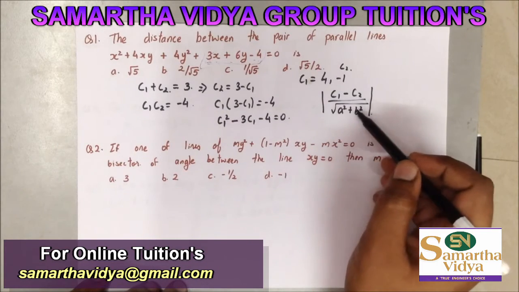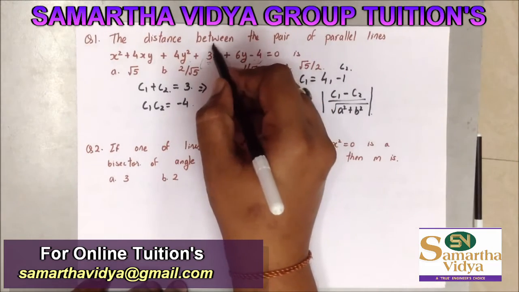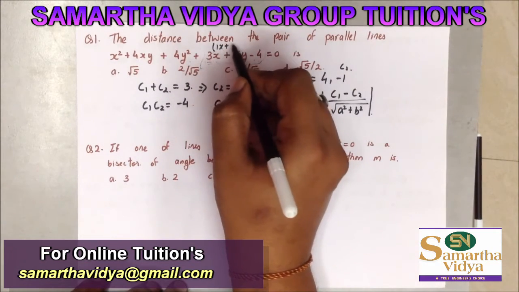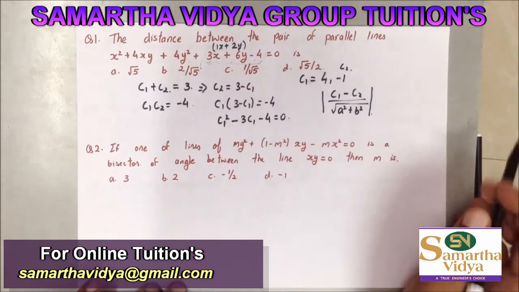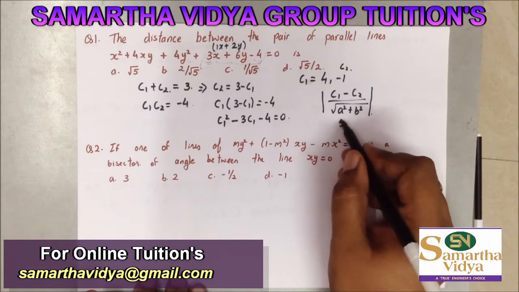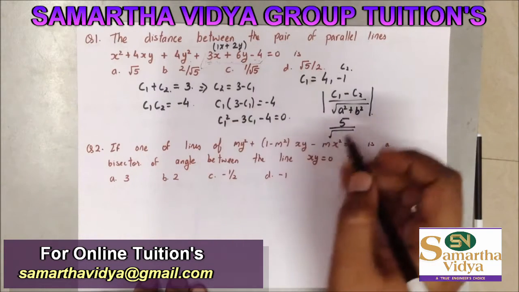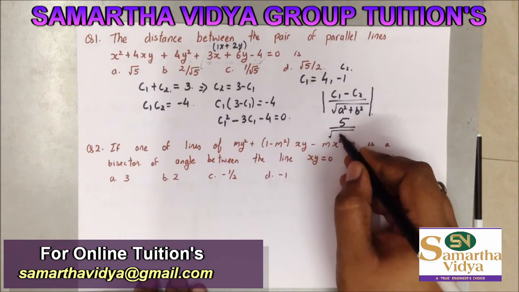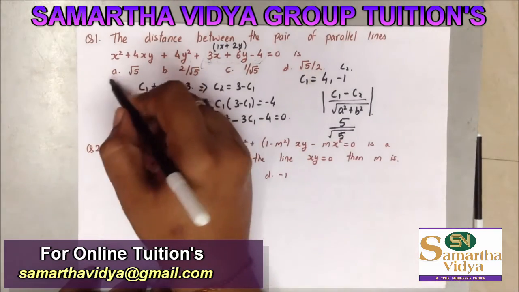If I want to find A and B, I have to take the 3 common, so I get 1x plus 2y. So A is 1 and B is 2. Substituting that, I get 5 upon root of 1 square plus 2 square, which is root 5. So 5 upon root 5 is nothing but root 5.